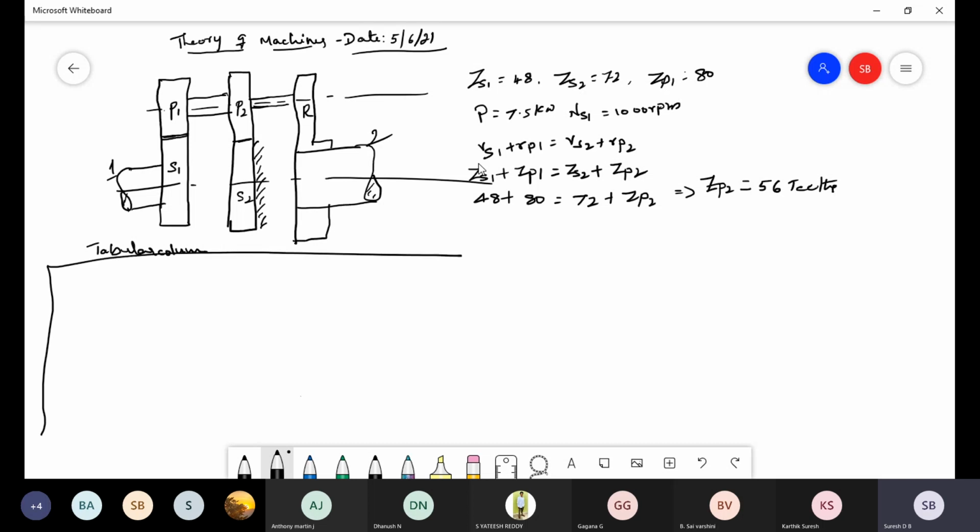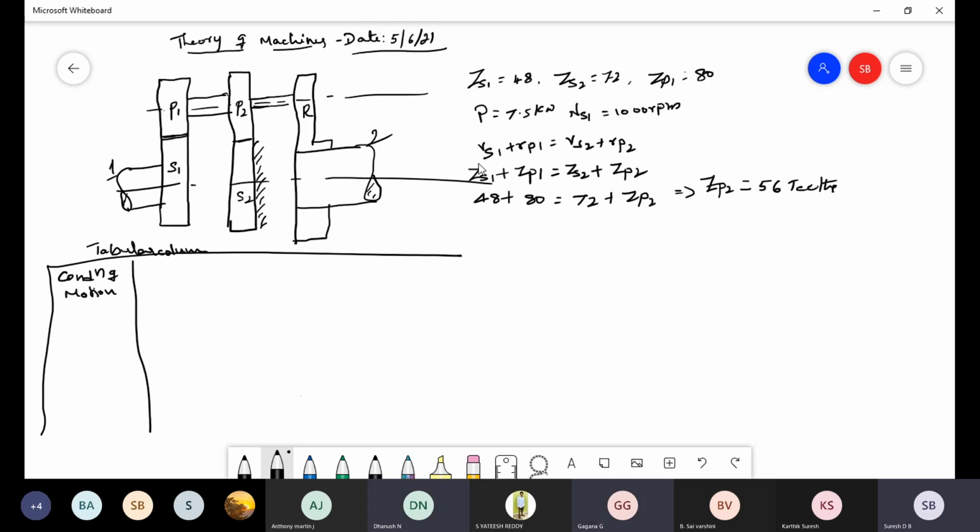First one, condition of motion. Second, which one can you consider? Which arm can you consider?